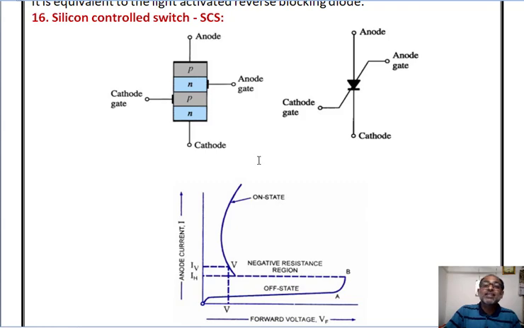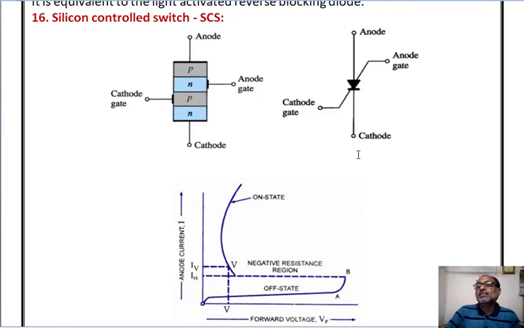Now SCS is nothing but a 4-terminal type thyristor: anode, cathode, anode gate and cathode gate. So here we are taking two gates, one from the P type material which is nearer to the cathode, and another gate taken from the N type material which is nearer to the anode. That's why it is called a 4-terminal device.